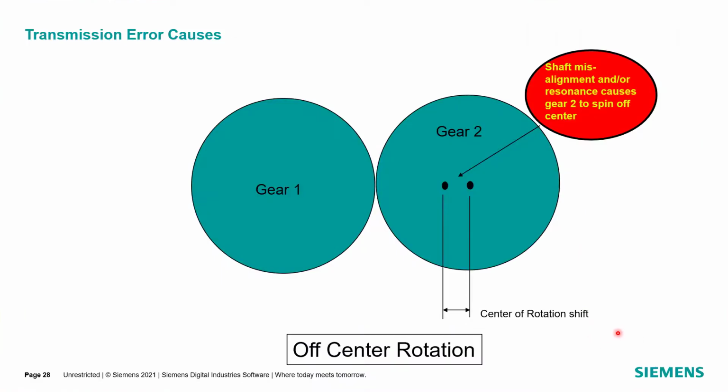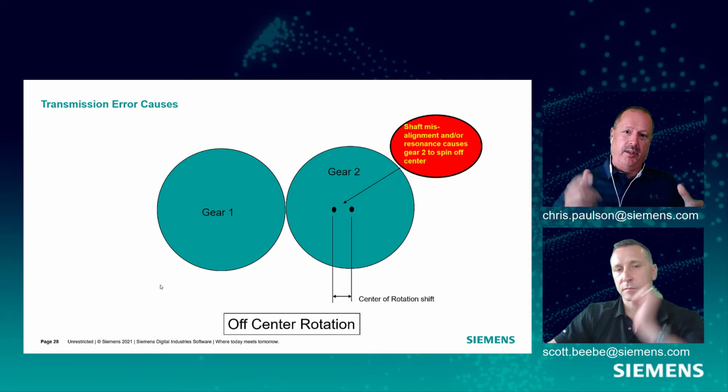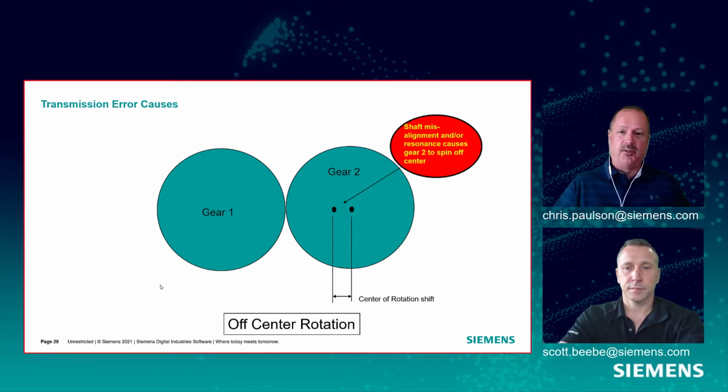All right. So the next type of manufacturing defect we can be looking at is an off-center rotation. Where they drill the hole on the gear is going to have a certain tolerance. They try as hard as they can to get it perfectly centered, but it's the real world.